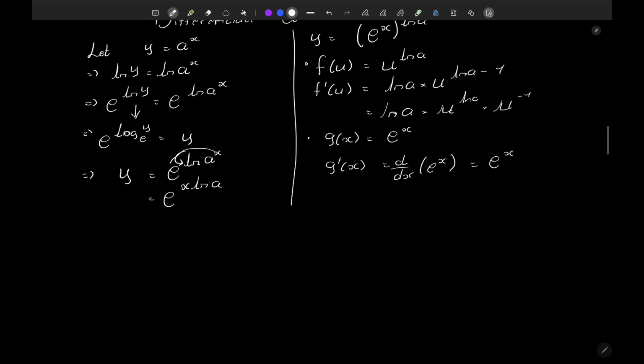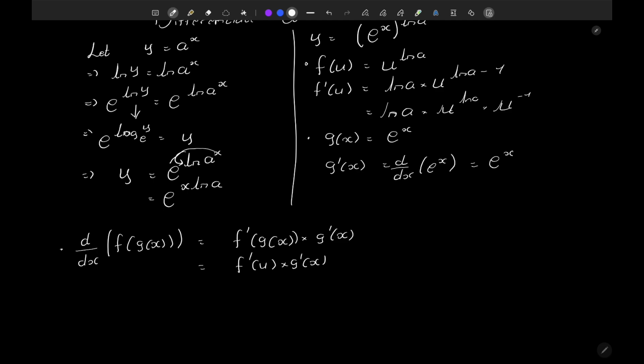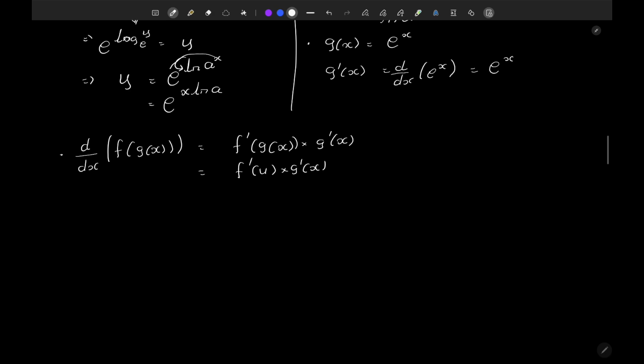Now, recalling the formula for the chain rule: the derivative with respect to x of a function f of g of x is equal to f prime of g of x times g prime of x, which is the same thing as f prime of u times g prime of x. So what is our next step? We need to substitute u with g of x.